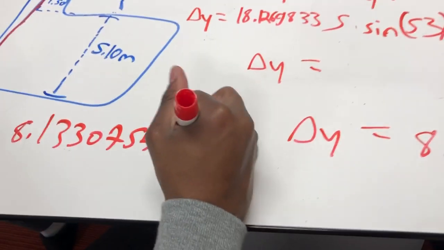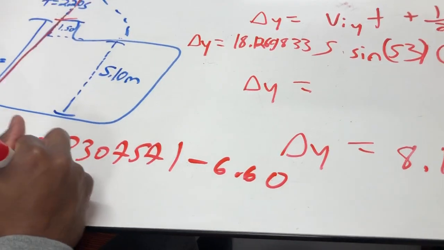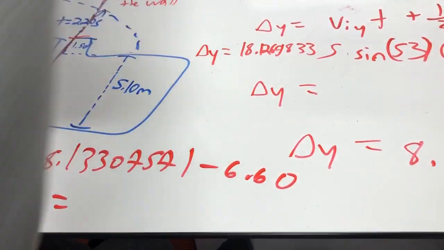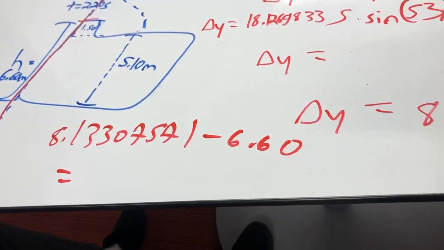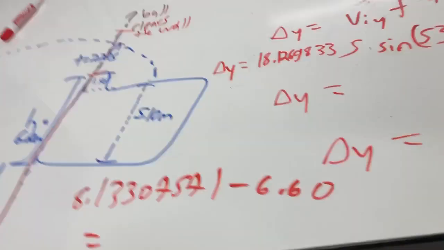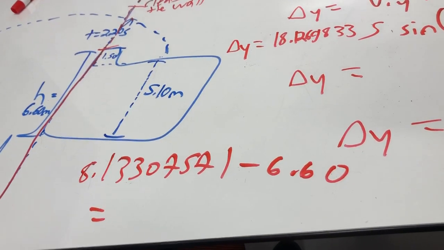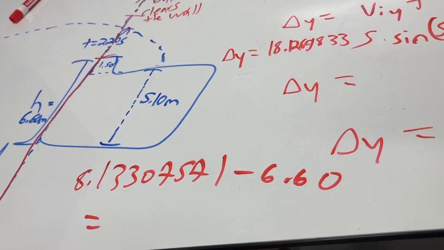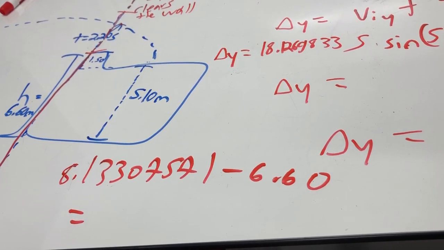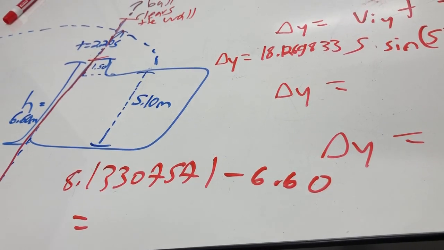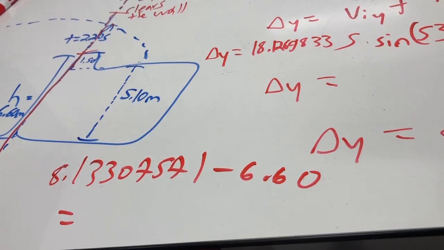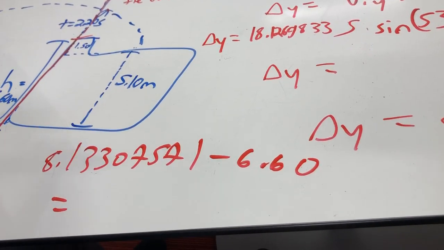8.13307571 minus 6.60 equals, it gives me 1.533.